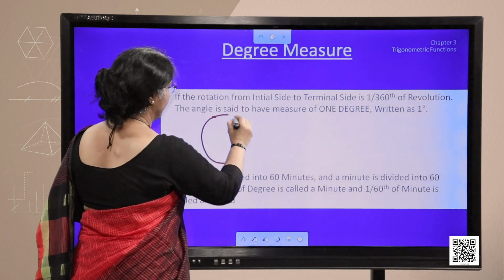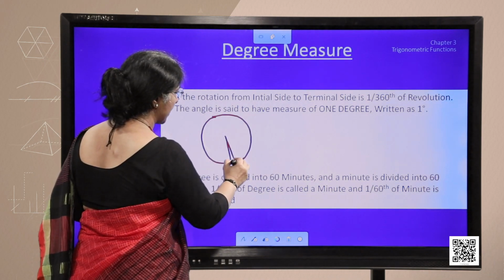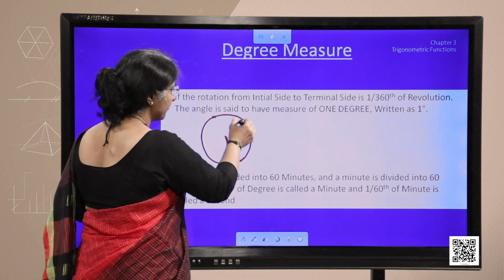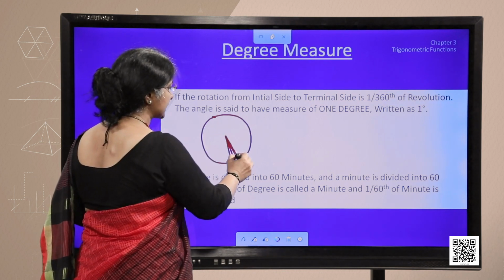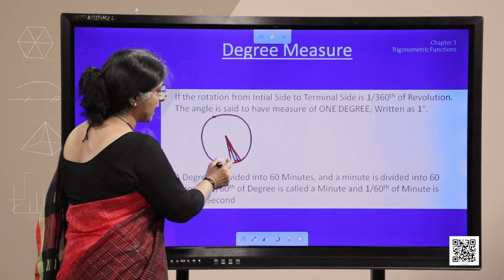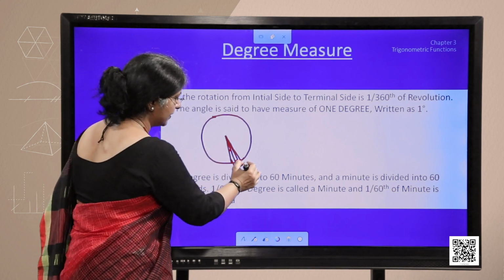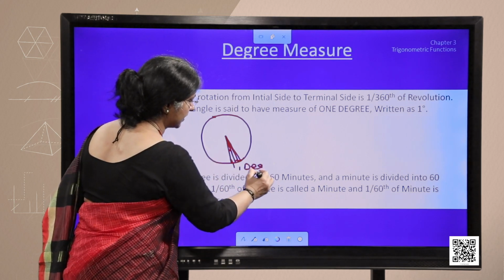If we take this circle and divide this circle into small parts, total revolution is divided into 360 parts, and each small part is called 1 degree. This is 1 degree.